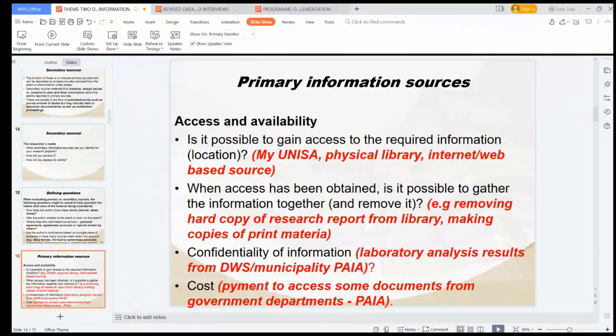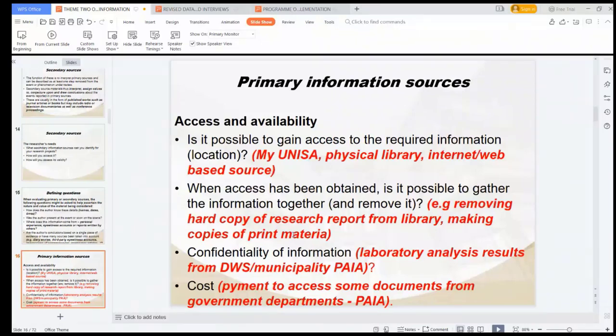Now let's look at accessibility and availability of access to the required information. I make an example: if I'm under UNISA, does my UNISA have what I want? Do I have access to my UNISA?